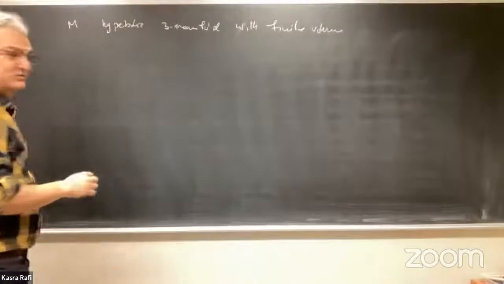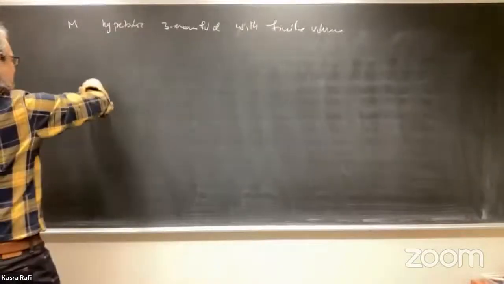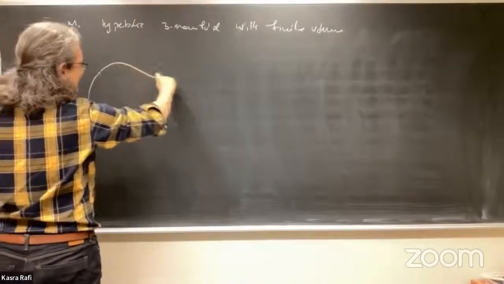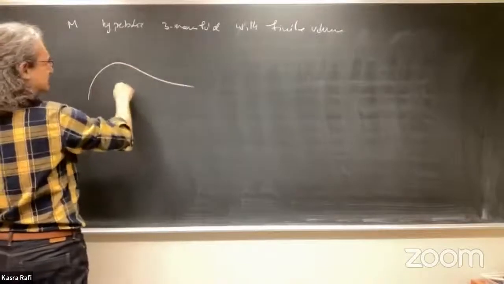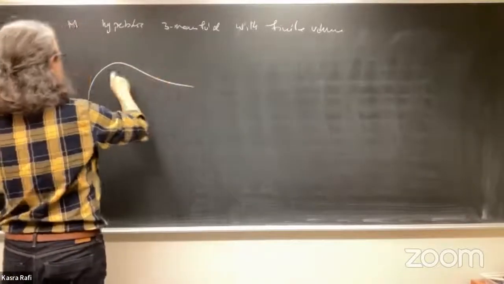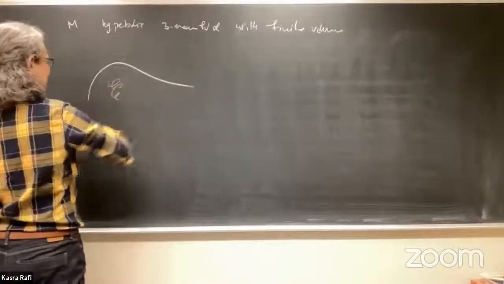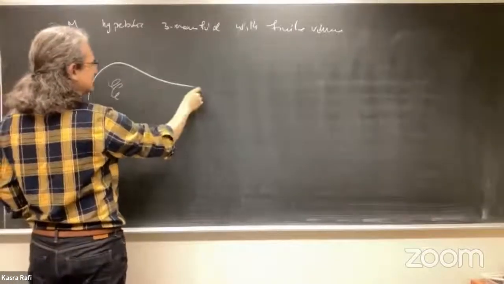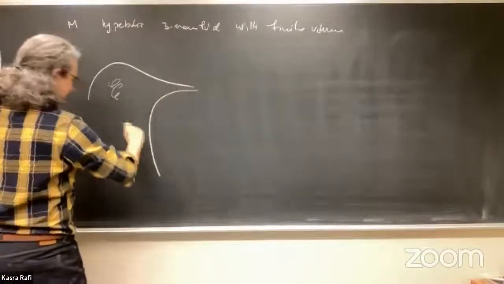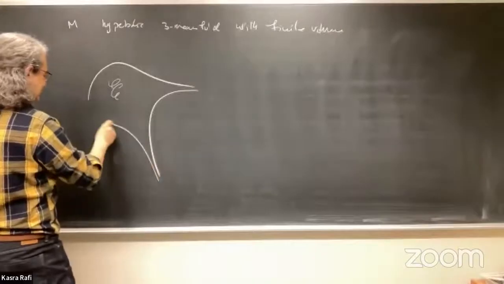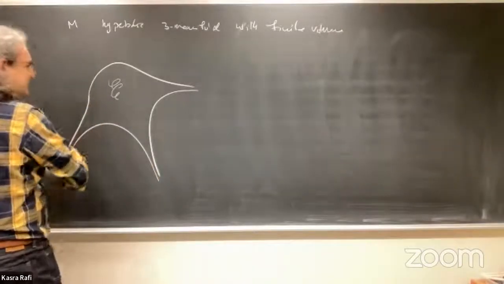So how does this look? It's hard to draw a hyperbolic three-manifold, so I'll draw it schematically. They have some compact part which has some topology. It's not clear how to draw topology, right? But they also potentially have a number of cusps like that.